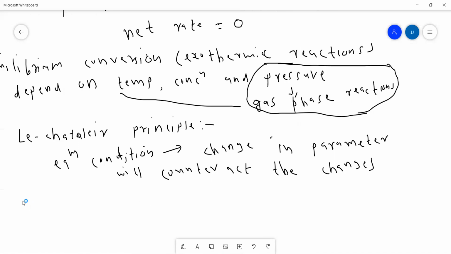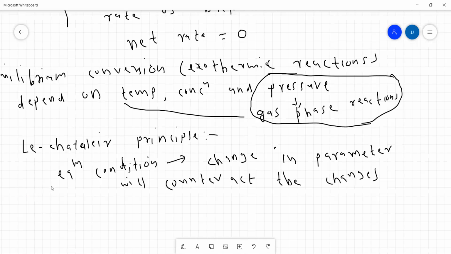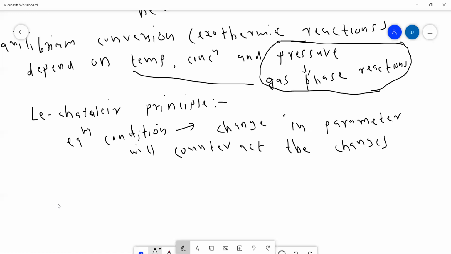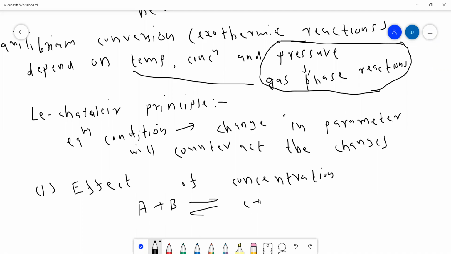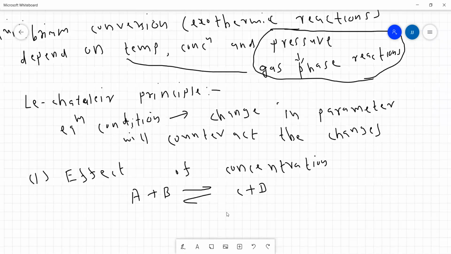All right. Let's say, for example, first we see the effect of concentration. Suppose we have the reaction A plus B, which will produce C plus D. This is the reaction, for example.